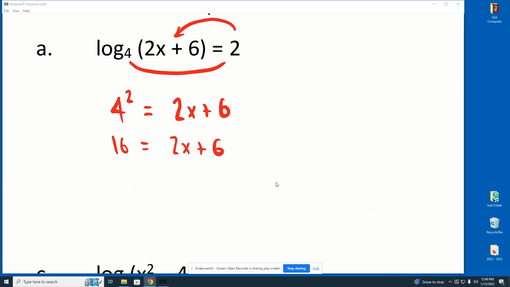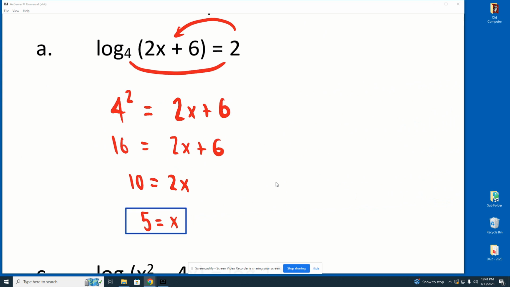Next. Yep, we're going to subtract that 6. What's 16 minus 6? So 10 equals 2 times x. And then, of course, last we're going to divide by 2. So x equals 5. Feel free to go back and plug it into your calculator to make sure that log base 4 of 2 times 5 plus 6 does in fact equal 2. I'm here to tell you it does.